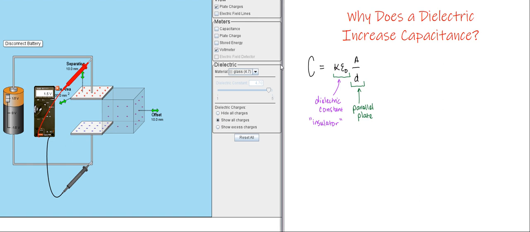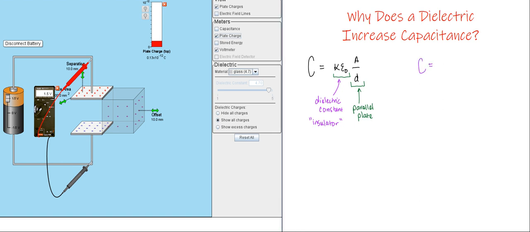Now, we know that when we put the dielectric into the space between, the capacitance increases. But we are not going to focus on that right now as much as on the actual relationship between the charge and the voltage when we have a dielectric present.